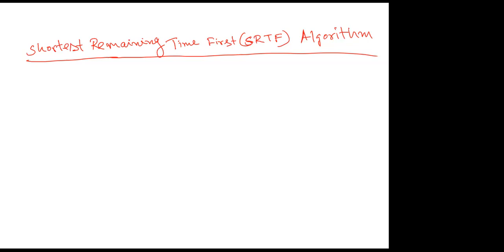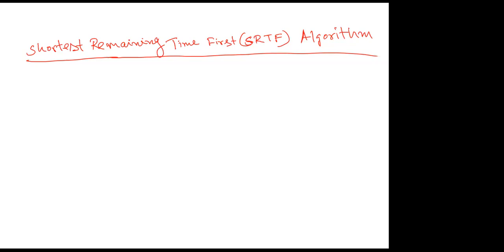SJF is a non-preemptive scheduling algorithm, but SRTF is a preemptive scheduling algorithm. We can say it is a preemptive version of SJF.